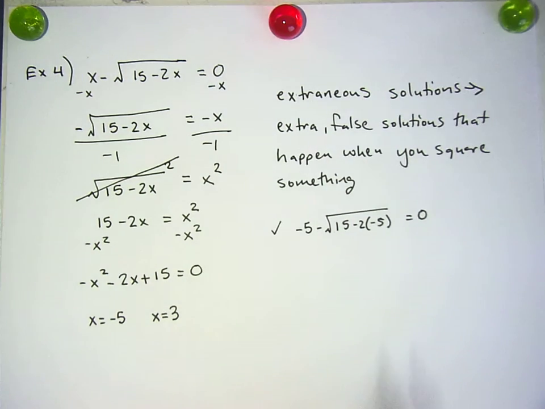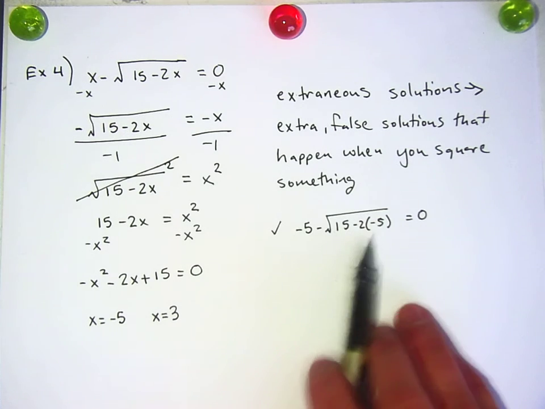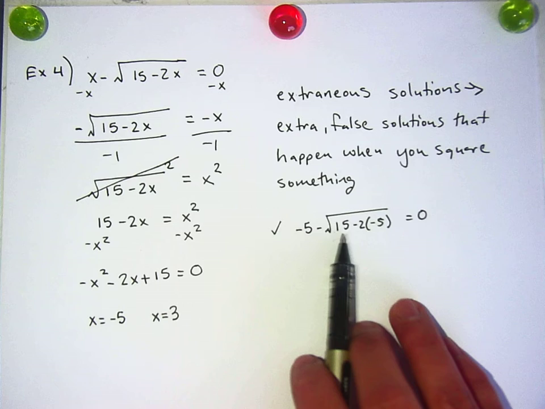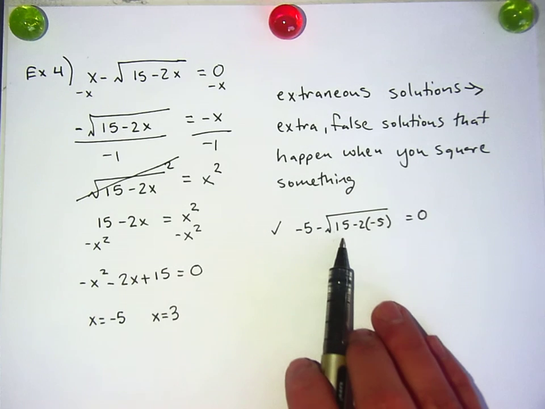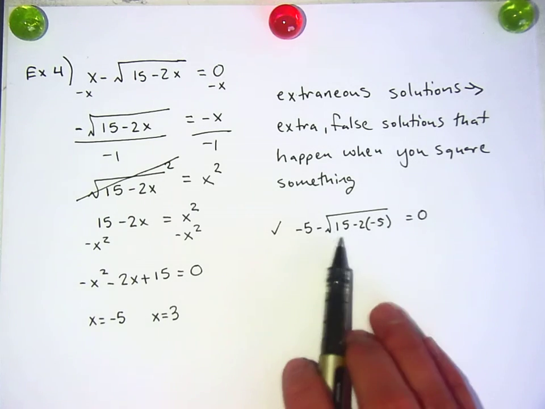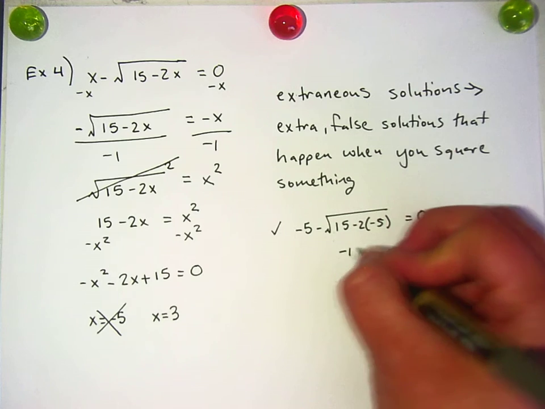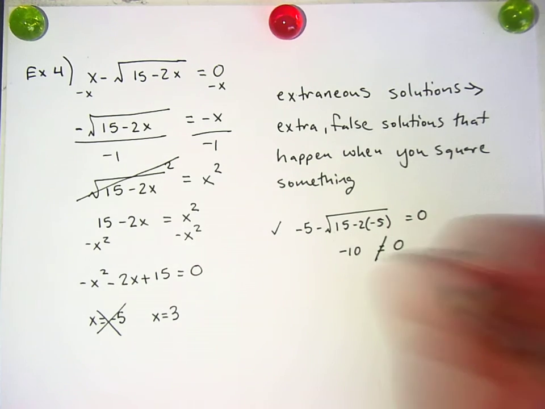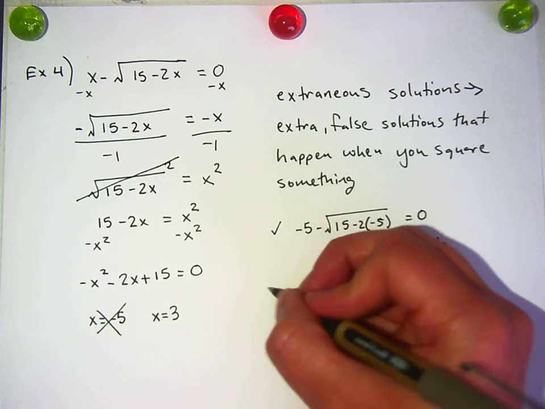So what's 15 plus 10? 25, so that would be -5 minus the square root of 25. What's the square root of 25? 5. What's -5 minus 5? So this one doesn't work, because this turns out to be -10, not 0. All right, let's check the other one.